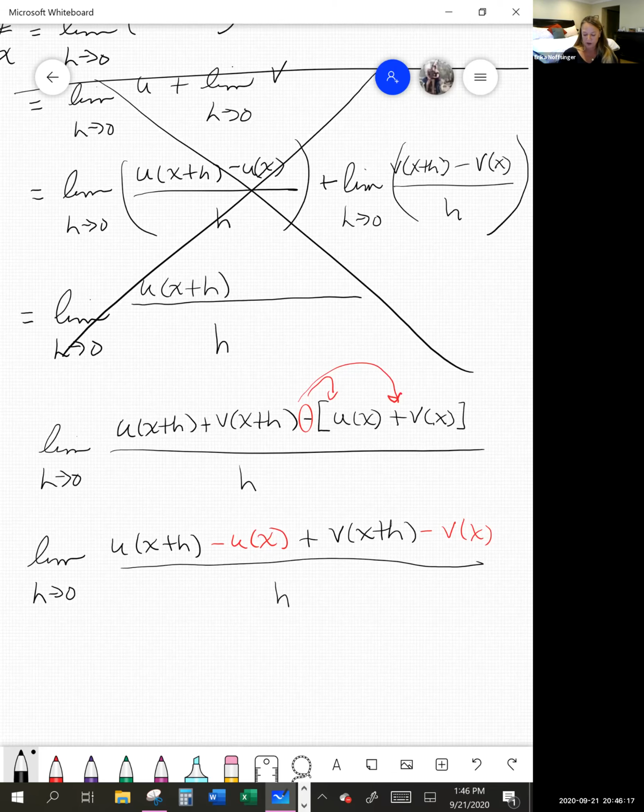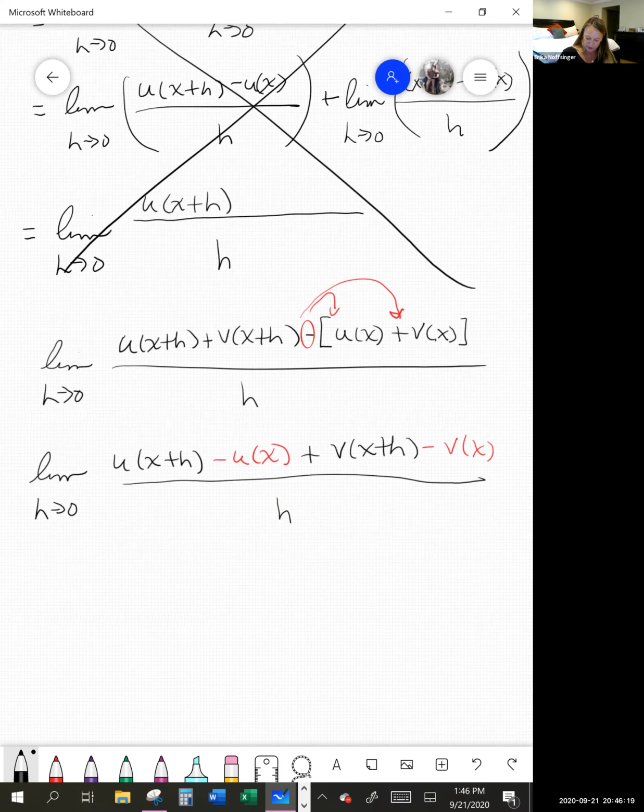Well, going backwards, let's just group things differently. Let's group this like this, and let's group the v part like this. Normally we go from combining multiple fractions as a single fraction, but I'm going to go backwards and rewrite this as two separate fractions.